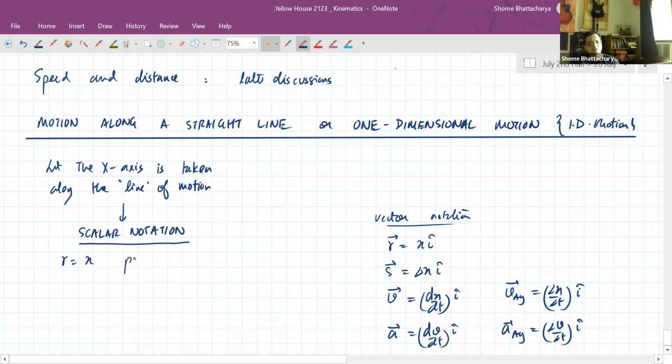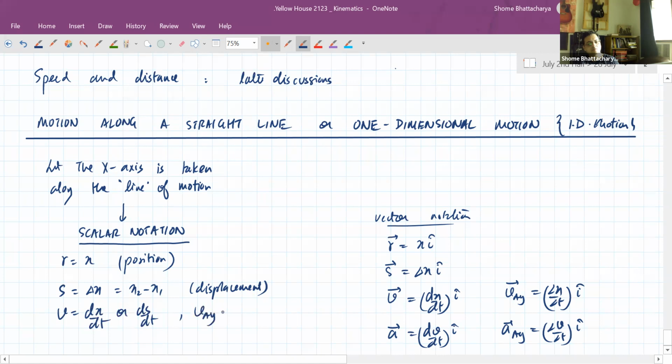So the position is just given by a coordinate. The displacement is just given by a change in a coordinate, that is x2 minus x1. The instantaneous velocity is just dx by dt, or ds by dt. The average velocity is just delta s by delta t, or delta x by delta t.